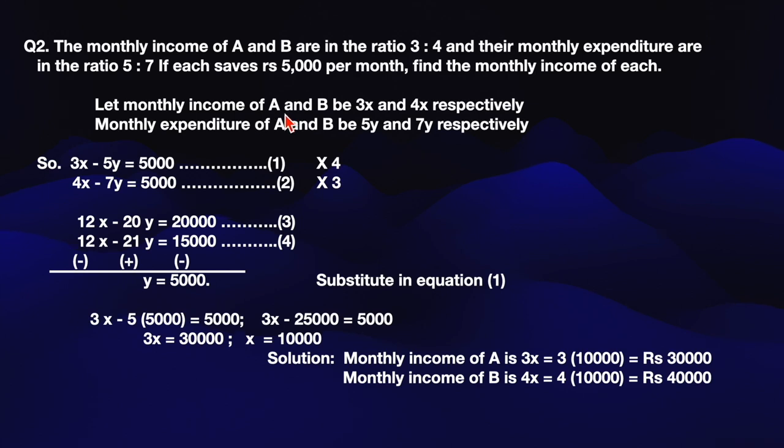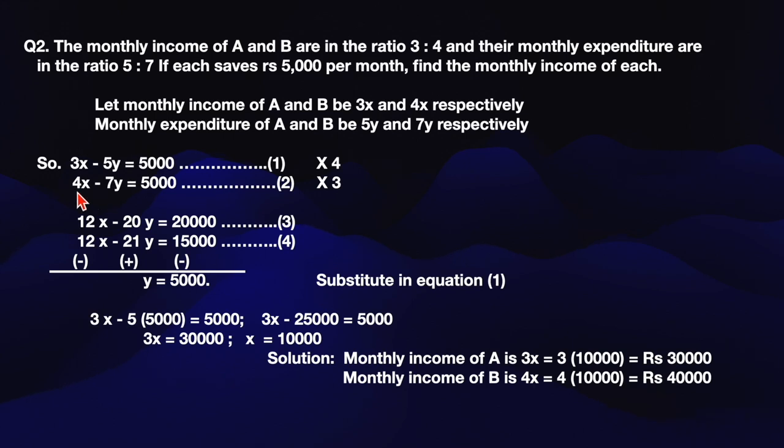That is for A. For B, his monthly income is 4x and expense is 7y. He also saves 5,000 per month. So here 4x minus 7y is 5,000. So both of them save 5,000 rupees, and this is the monthly income of A, monthly expense of A, monthly income of B and monthly expense of B. Okay, so these are the two equations.